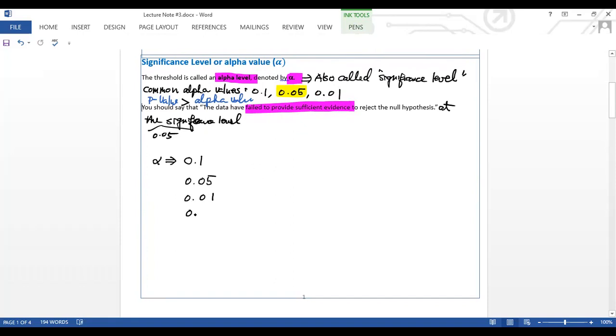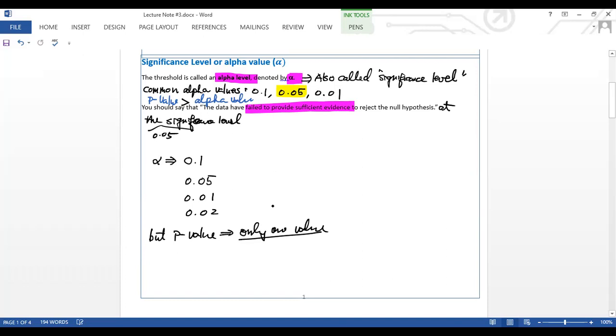Or if you like, you can choose 0.02. You can choose any level you want. When you read statistical reports, some people give you different levels, but the p-value only has one value for your test, whatever you test.